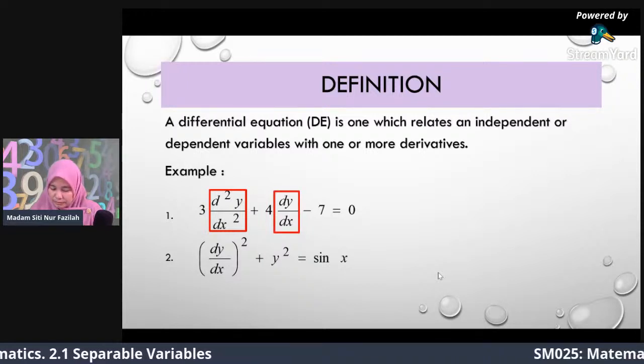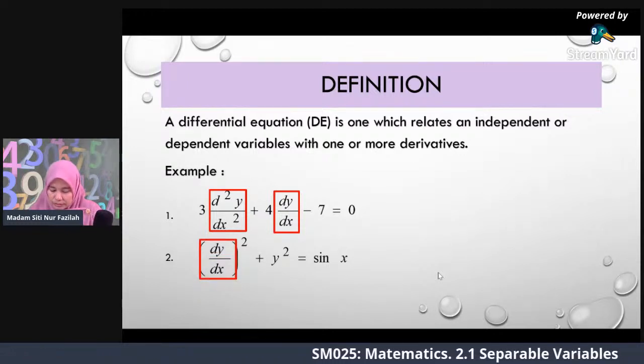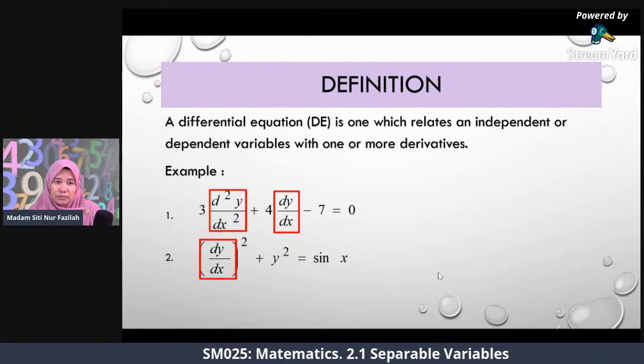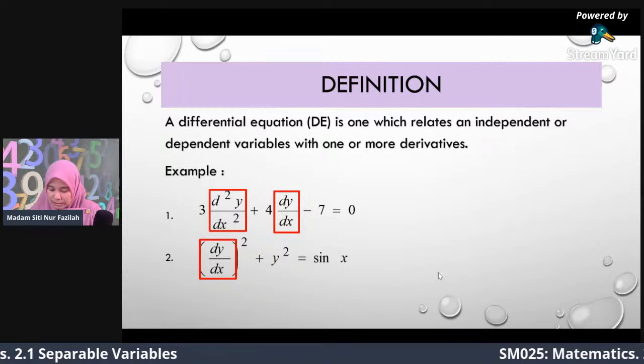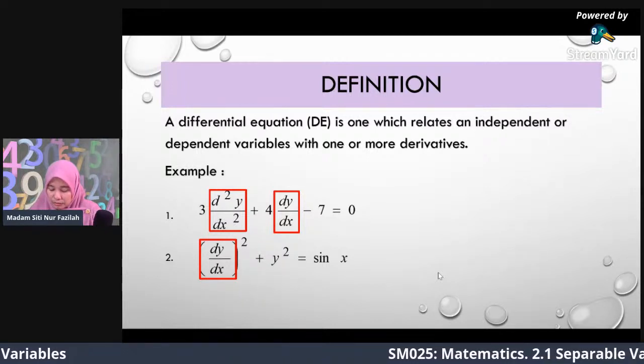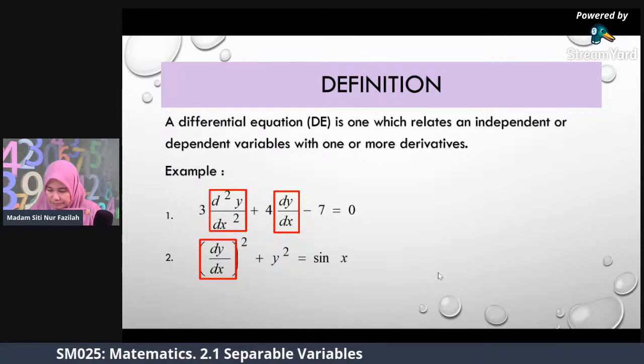For example number 2, we have dy over dx to the power of 2 plus y squared equals sine x. The derivative is dy over dx. That's an example of a differential equation.